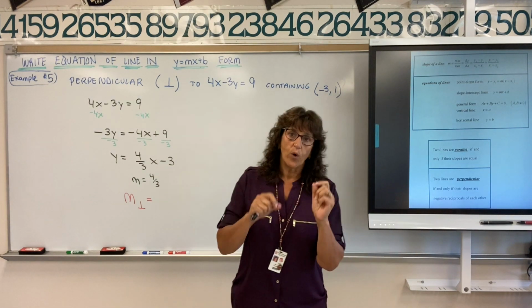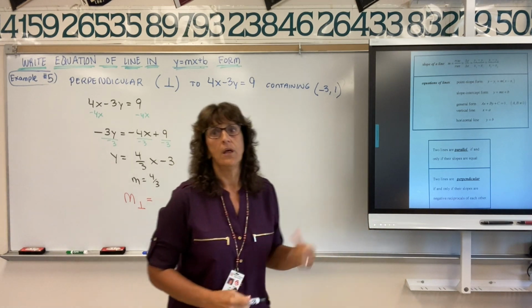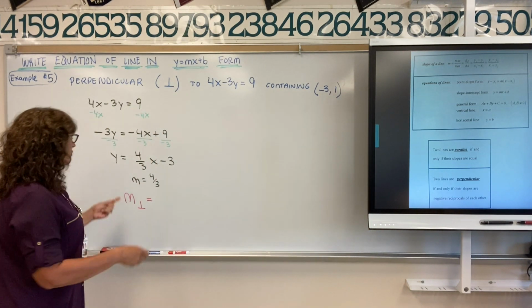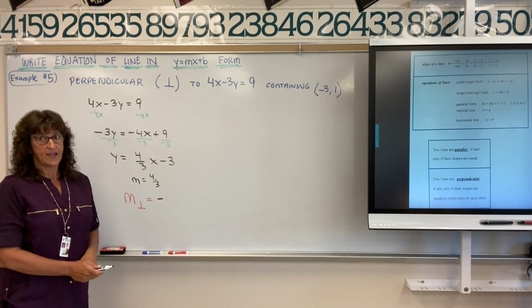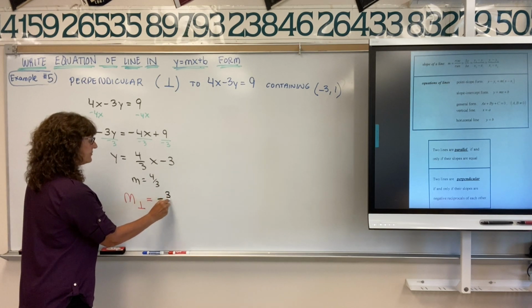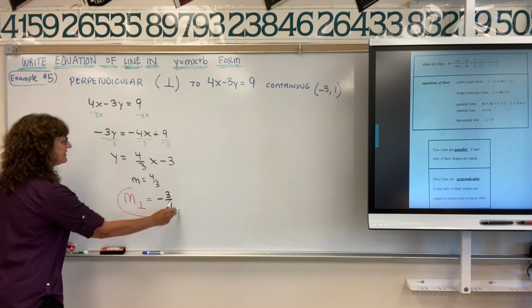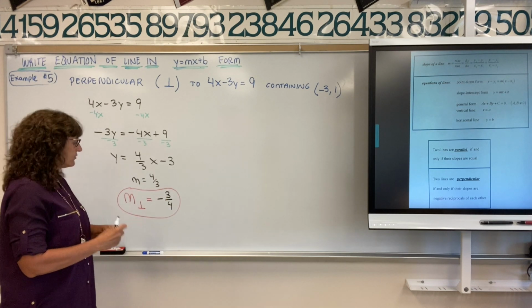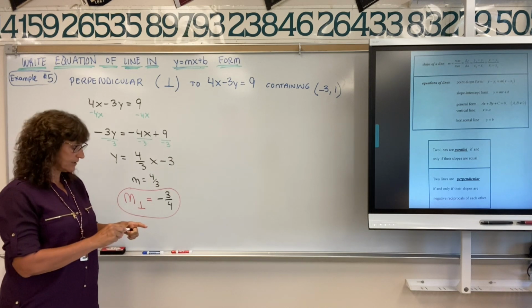To figure out the actual slope of the perpendicular, you take the negative reciprocal of the slope given to you. Whatever the slope of the line is, you change the sign, positives become negative, negatives become positive, and then take the reciprocal, so flip the fraction. This is the slope we need to use to write the equation of our line. We want a line perpendicular to the given one, so we have to choose the negative reciprocal.